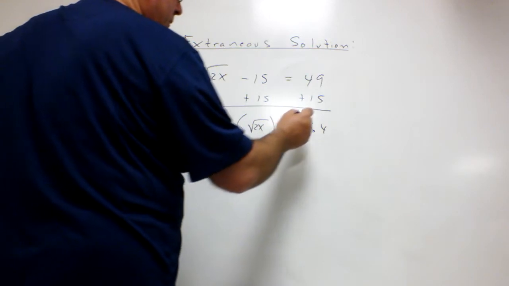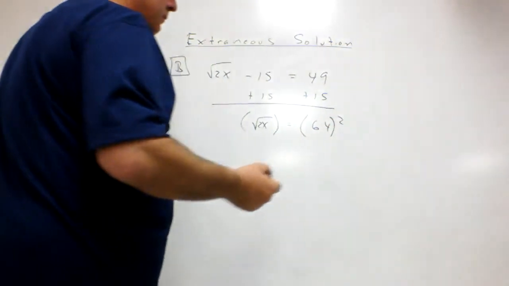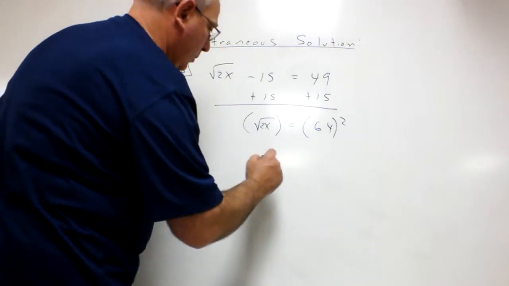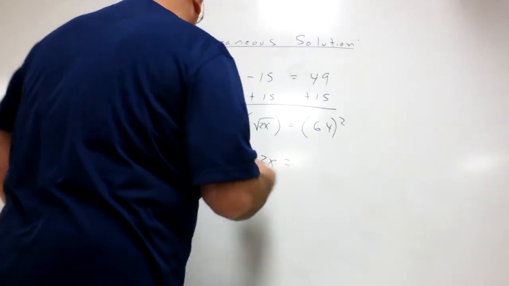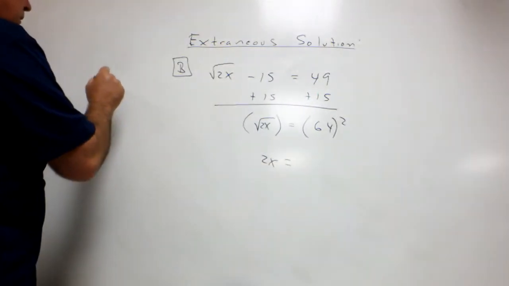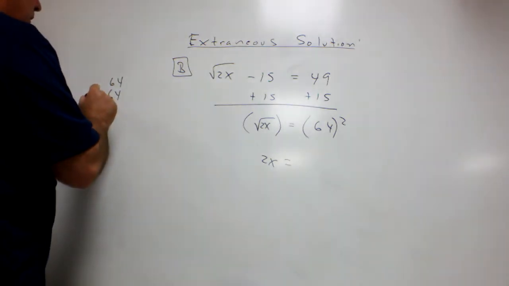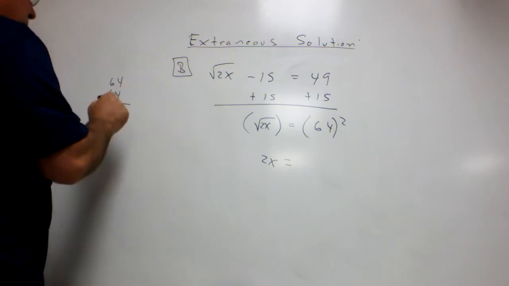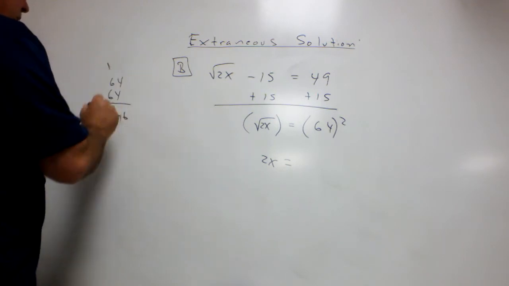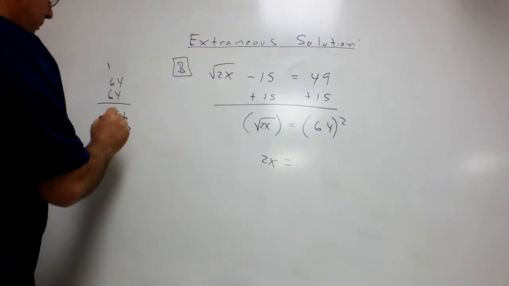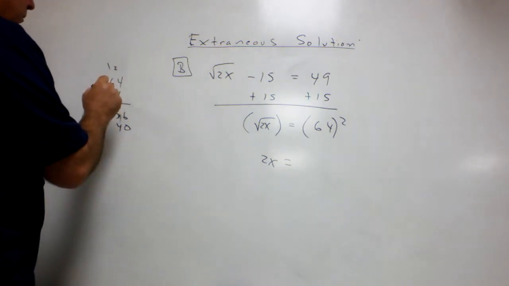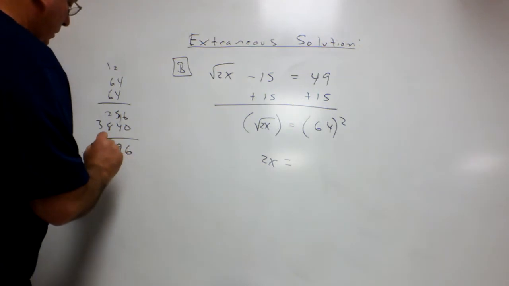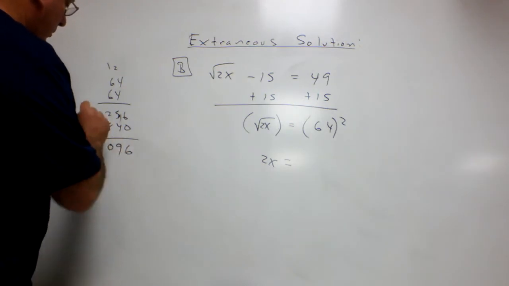We would then square both sides, and that will give us 2x equals this really big number. It is 16, carry a 1, 24, 25, 0 times is 4, carry a 2, 36, 38, 6, 9, 0, 1.